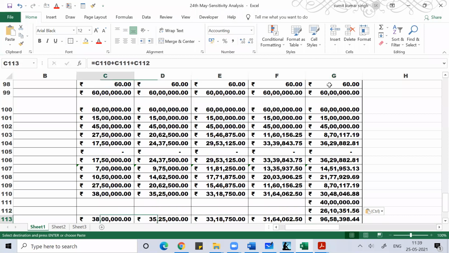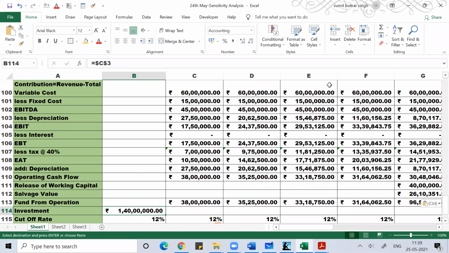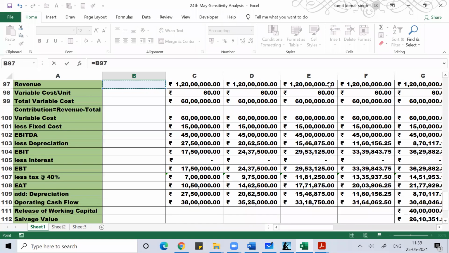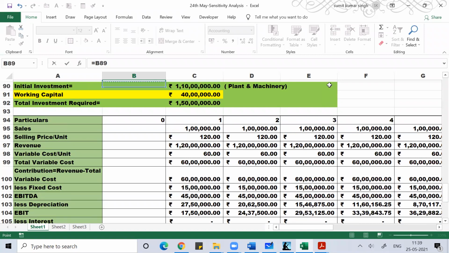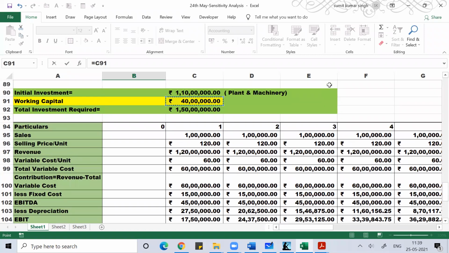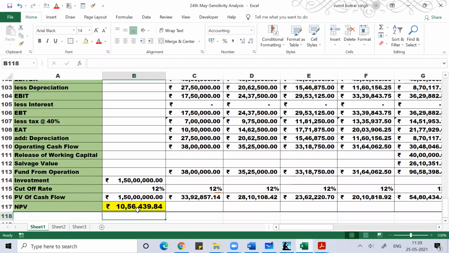And then when you talk about investment, the investment will not be 1,40,000. Earlier it was 1,40,000 because 100 lakh rupees was the cost of plant and machinery and 40 lakh was working capital. Now your investment has become 1,50,000.